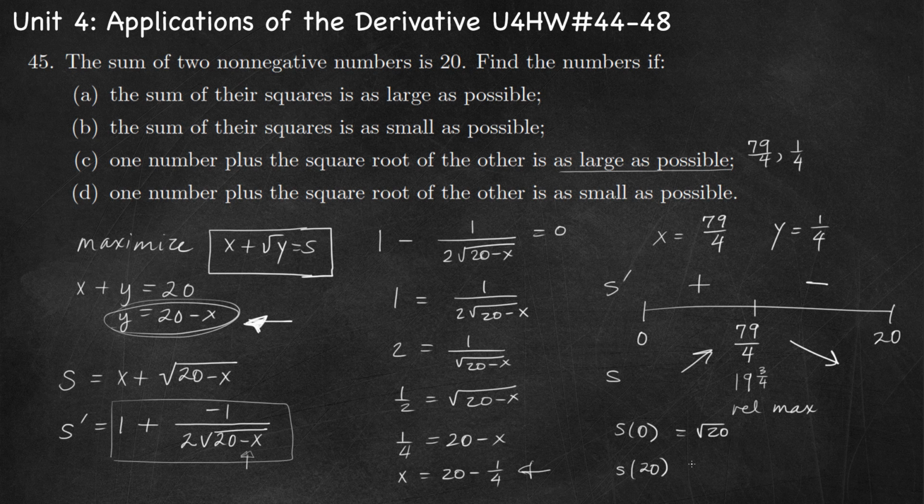And when x is 20, I would have 20 plus the square root of 0, which is 20. The square root of 20 is smaller than 20, so I want my sum to be the square root of 20. And that happens when x is 0 and y is 20. So the first number is 0, and the one we're taking the square root of is the 20.